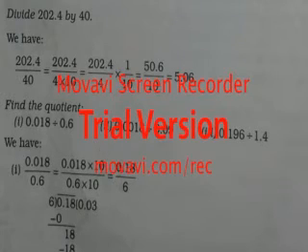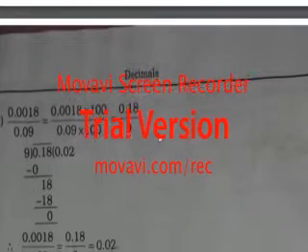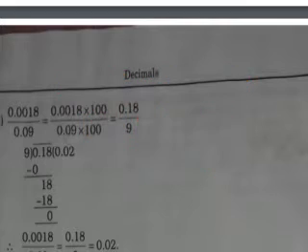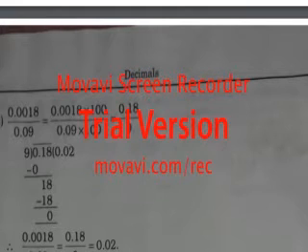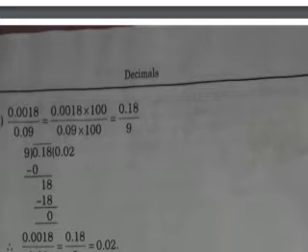Okay, if you see the second number over here, it is 0.0018 divided by 0.09. Let's see how to do it. Here also at first the divisor is made a whole number. If you see, here it is 0.09. So it has been changed into whole number form.